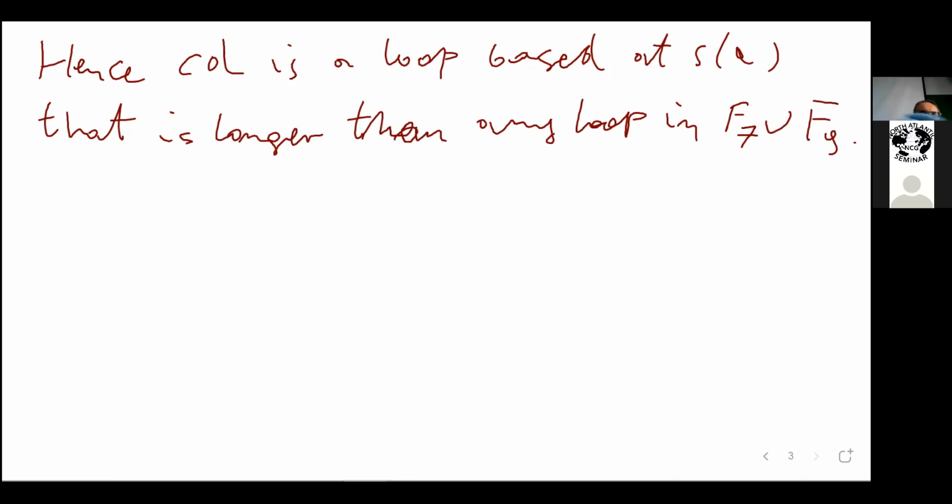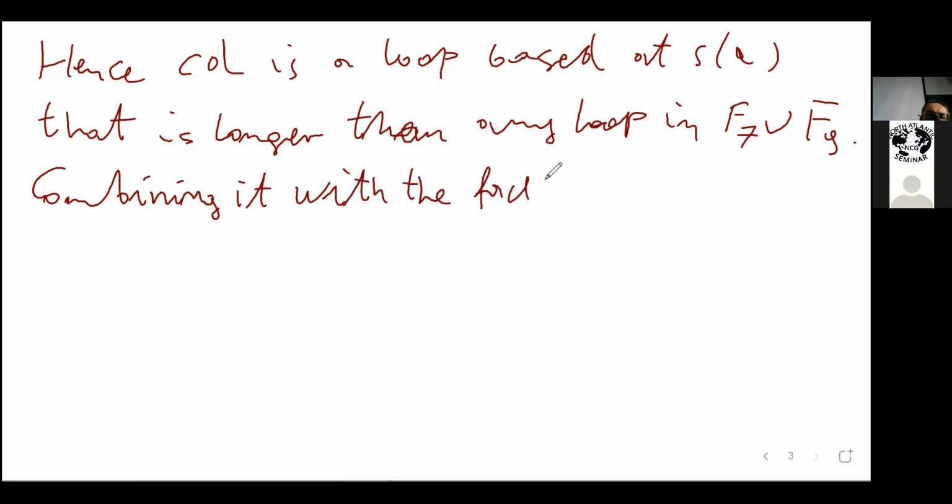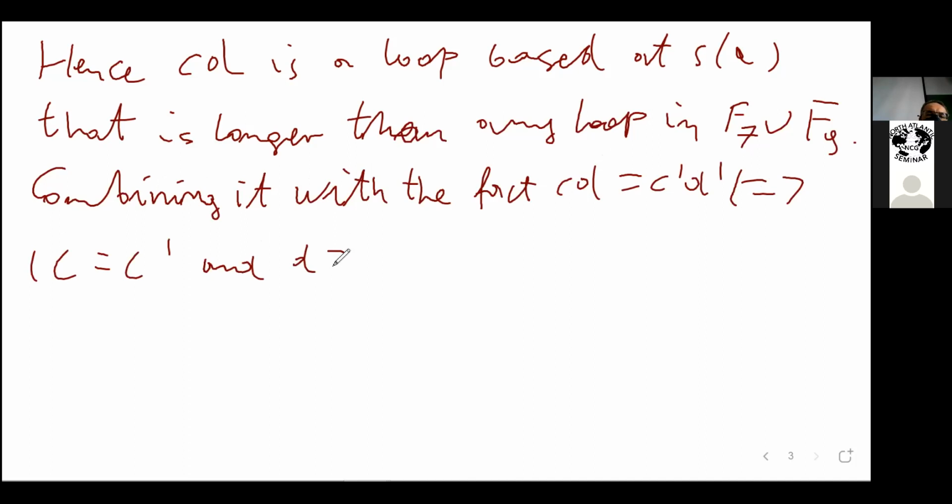Well, combining it with the obvious fact that CD is equal to C prime D prime if and only if C is equal to C prime and D is equal to D prime. We conclude the desired contradiction.